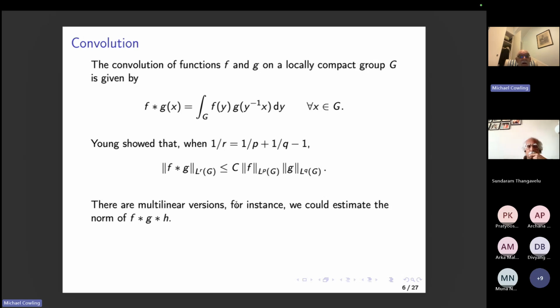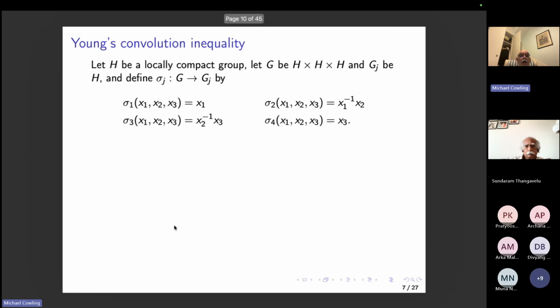analysis, and there are multilinear versions of this inequality where instead of just taking two functions, we could take 3 functions or 4 functions or 5 functions or so on. And let's see how that works on the next slide.